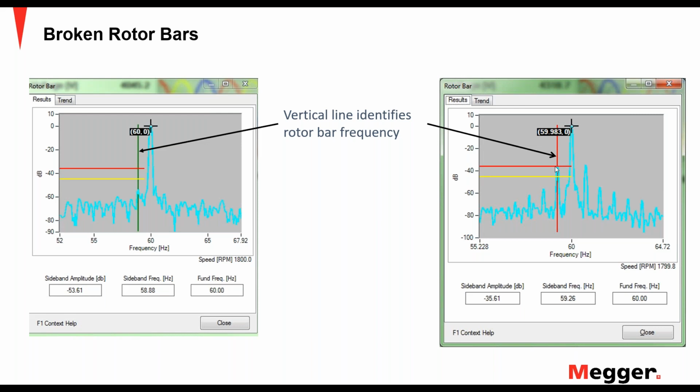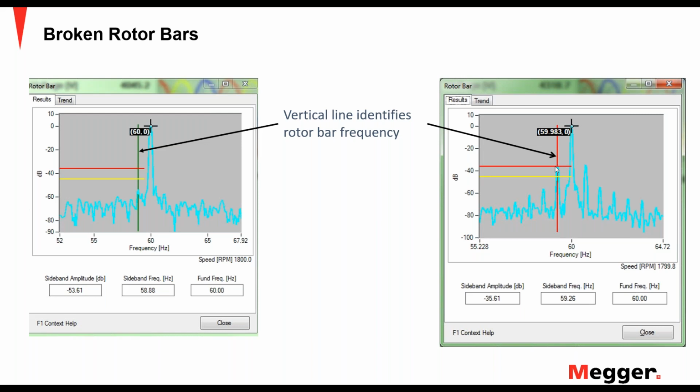thresholds of our parameters. And so we can know rotor bar frequency because it happens at twice slip. So we know what our speed is. We've estimated that speed at least. So we know our rotor speed. We know synchronous speed because you've entered the nameplate information. We can figure that out.